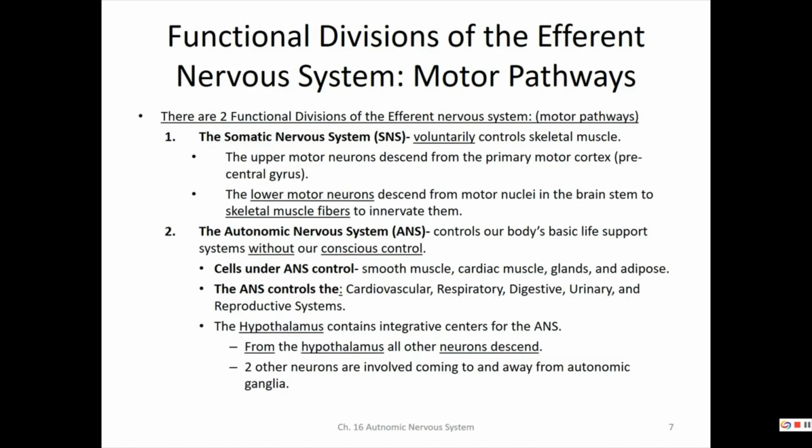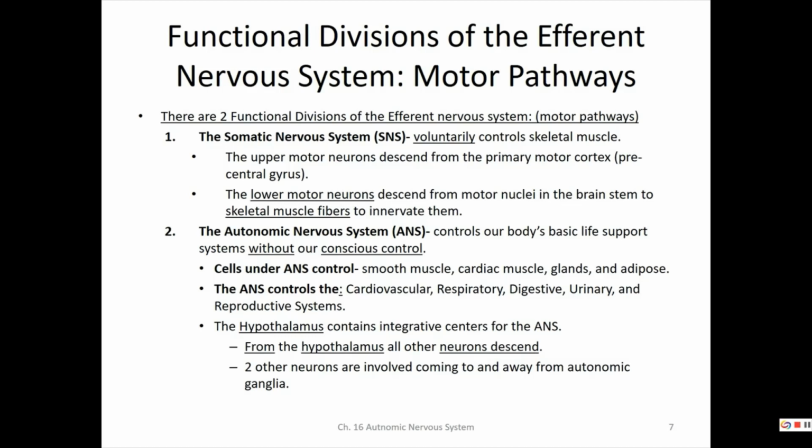And adipose, you're not going to make fat break down. You cannot consciously say fat breakdown and it goes away. It's just not going to do that. It needs the autonomic nervous system, specifically the sympathetic division. Now, the ANS, remember, if it controls these cells, these tissues, then we would say it controls your cardiovascular system, your blood vessels and heart, respiratory, breathing, digestive, your gut, urinary system, your bladder and things like that, and your reproductive systems.